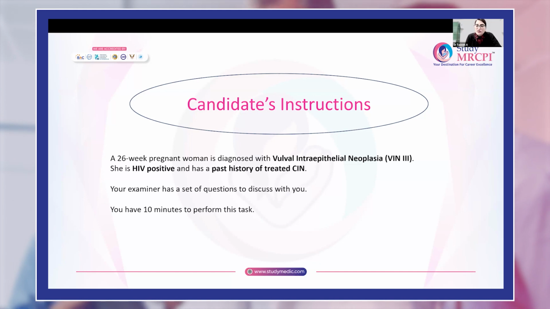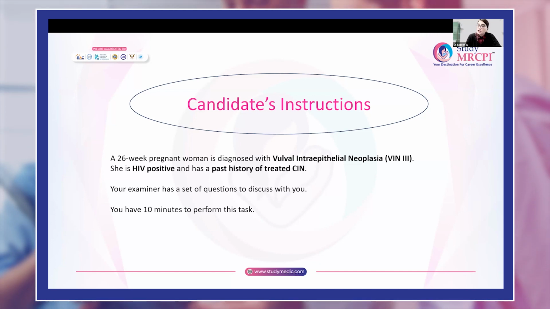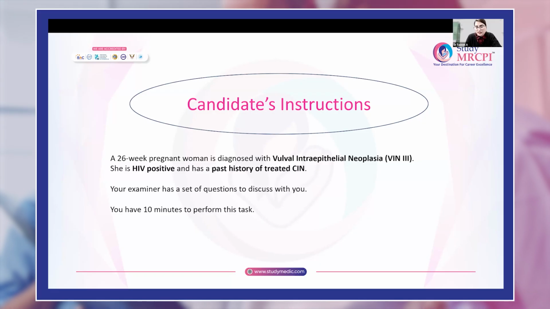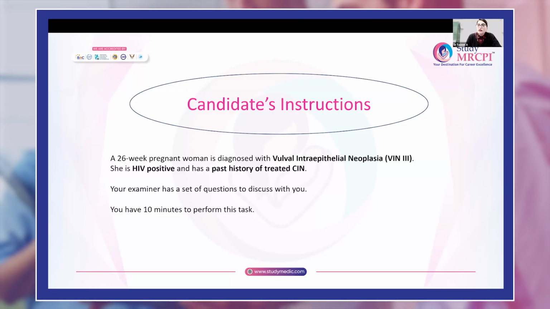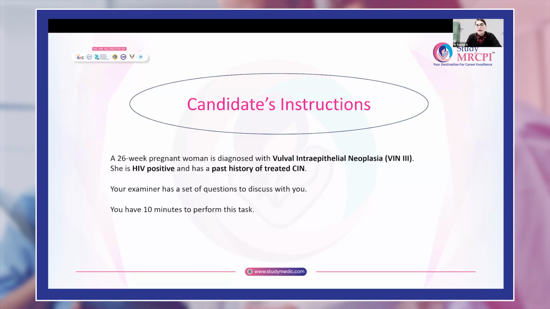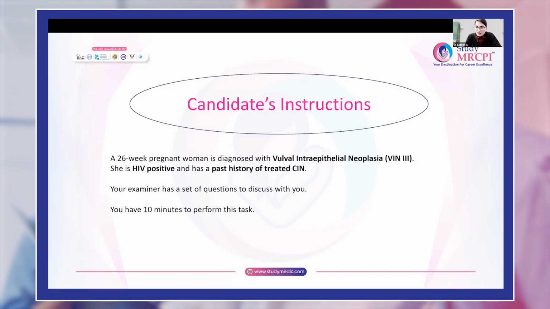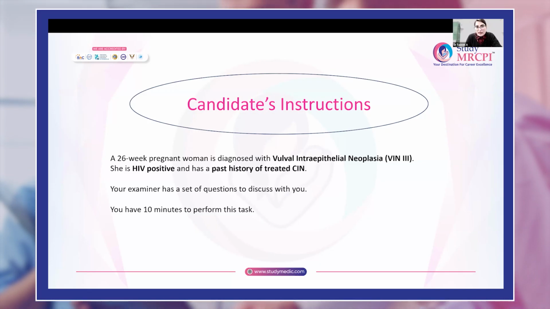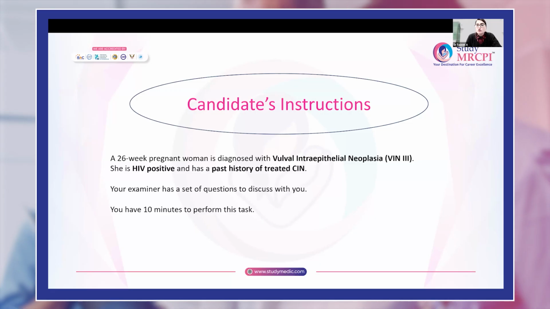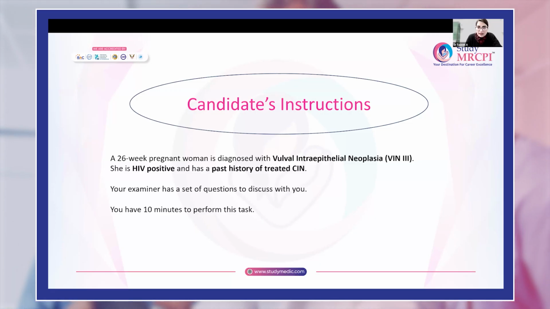If any lifestyle modification needs optimization, like if smoking is there, that needs to be stopped. If she is overweight, we should advise a healthy lifestyle to reduce weight. And if any medical concern is there, that needs to be optimized along with the multidisciplinary team.